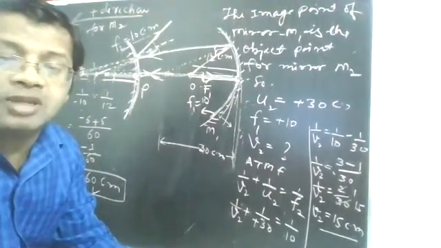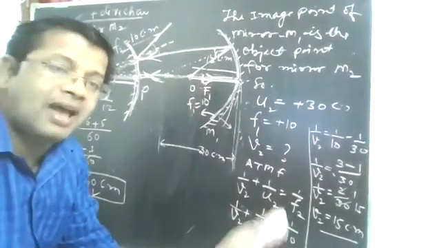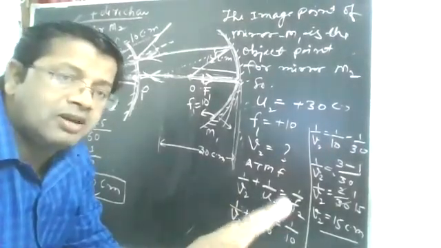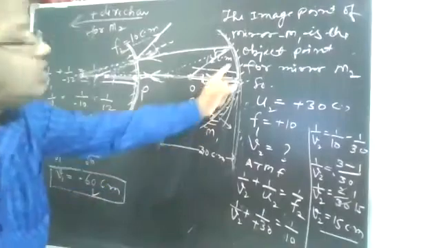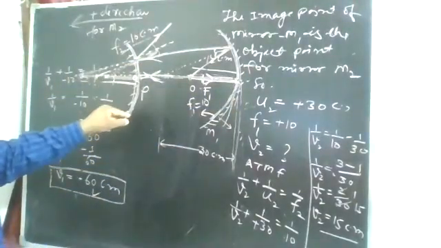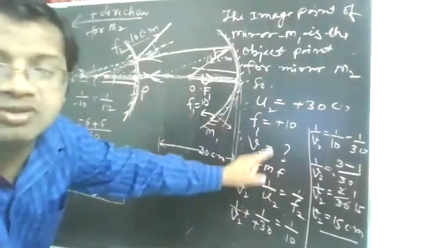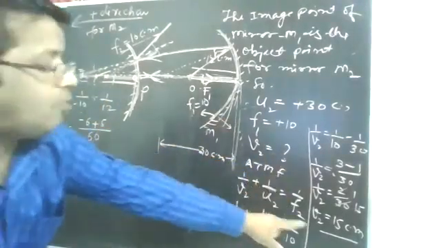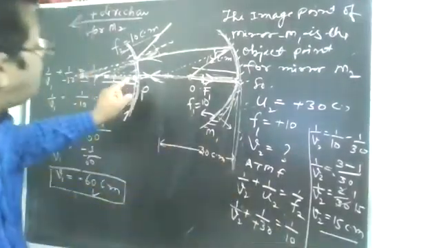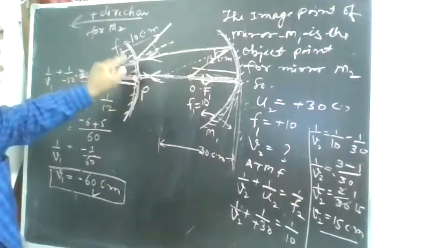So you first apply the mirror formula for mirror M1, and whatever be the image point for M1 will act as an object for the second mirror. Then again by applying the mirror formula for the second mirror, we will get the final position of the image, that is 15 centimeter from the pole of the mirror M2.